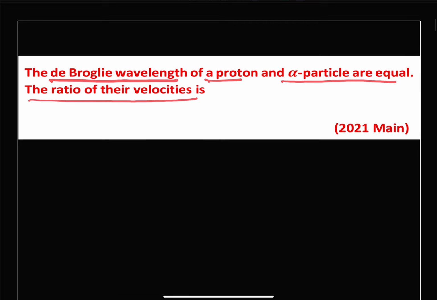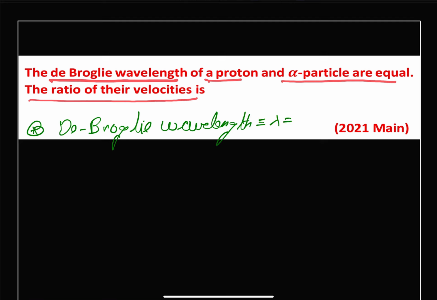We know the relationship that de-Broglie wavelength lambda is equal to h upon momentum, or h upon mass into velocity.